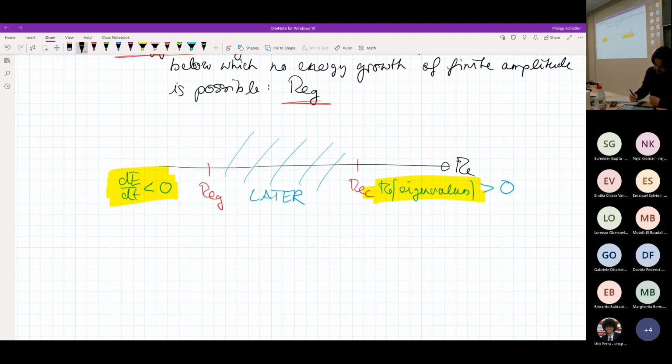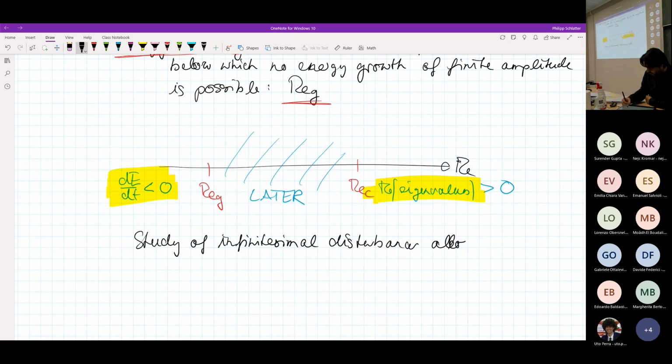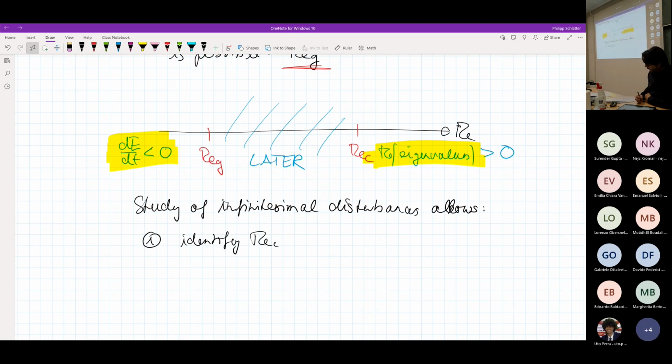So if I would like to summarize this, the study of infinitesimal disturbances allows, as I just said, first of all, to identify Ray C, the critical Reynolds number, which is related to the eigenvalues, of course.